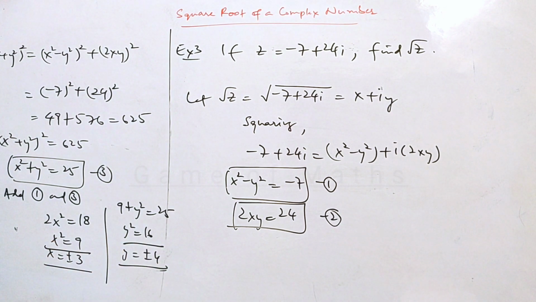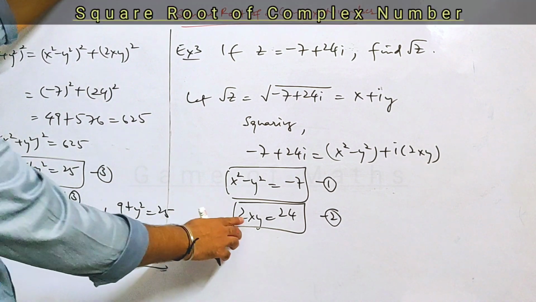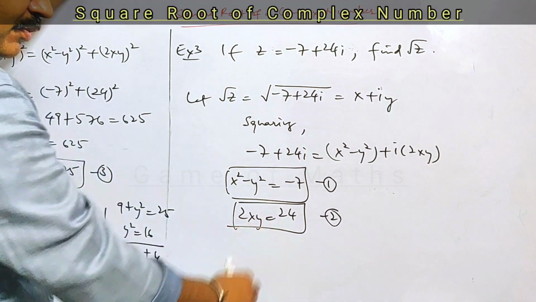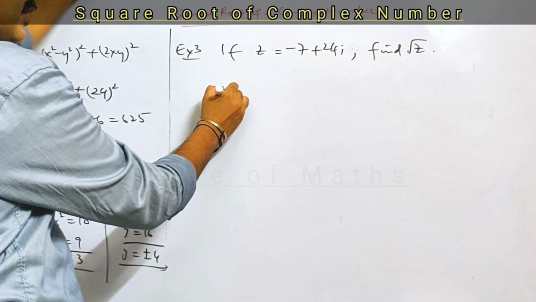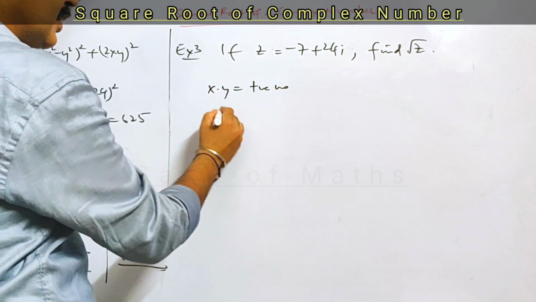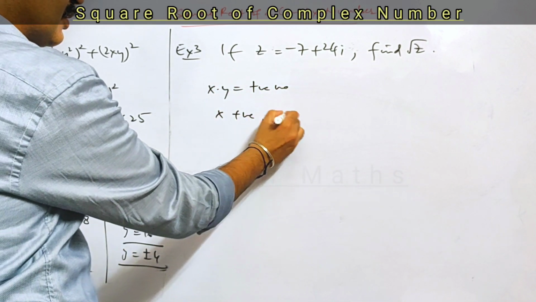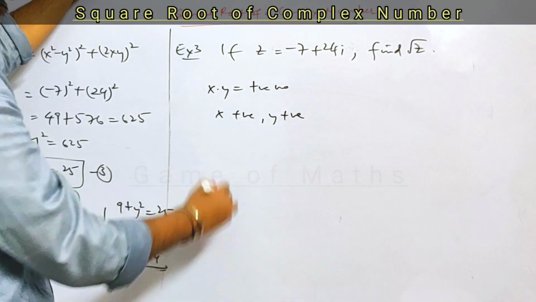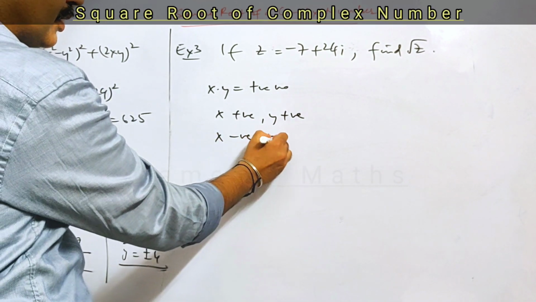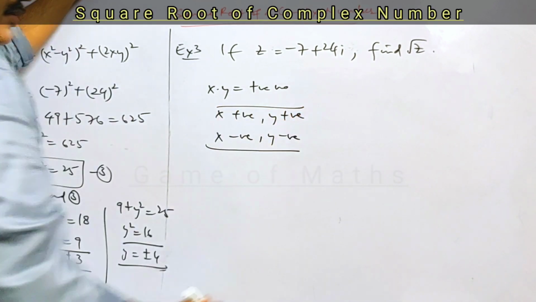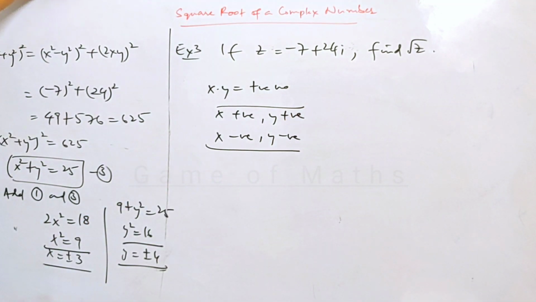Now we have to decide about the sign. Here x into y is equal to a positive number. Because x into y is a positive number, it implies either x and y both are positive or both are negative numbers, so that the product x into y is positive.